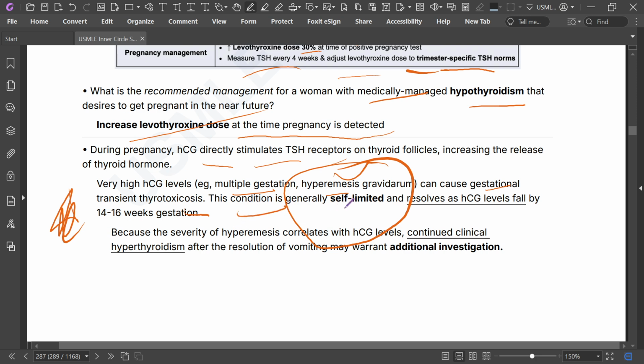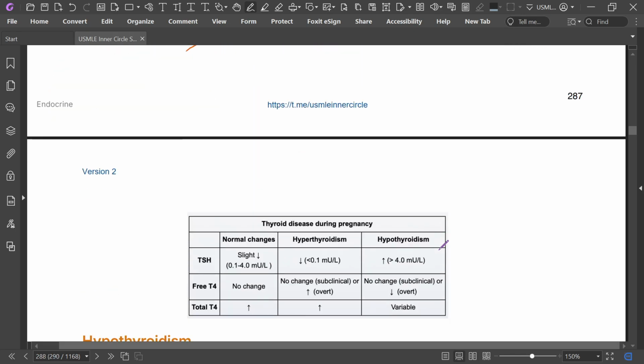This condition is self-limited and resolves as HCG falls within 14 to 16 weeks of gestation. Because the severity of the hyperemesis correlates with the HCG, continued clinical hyperthyroidism after the resolution of the vomiting may warrant additional investigation.